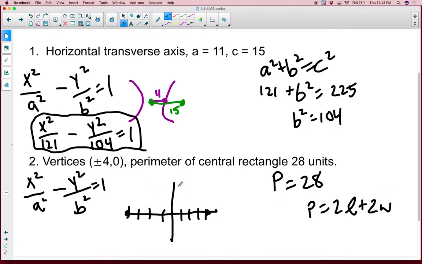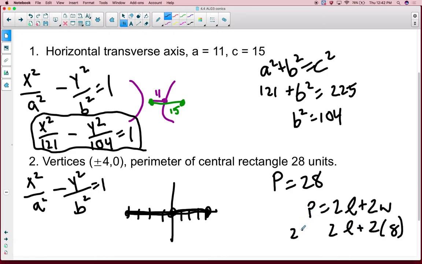And we know that if I was going to draw this in, from here to here is a total of 8, right? So my width here is not just 4, because from here to here is 4, but it's a total of 8. So I'm going to say my width is going to be 8. And now I can find what L is. Okay?